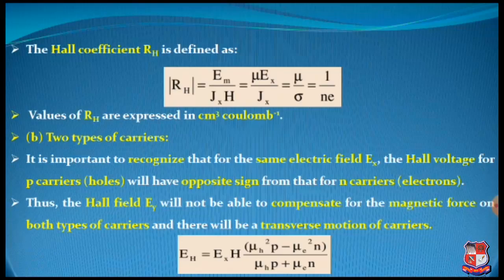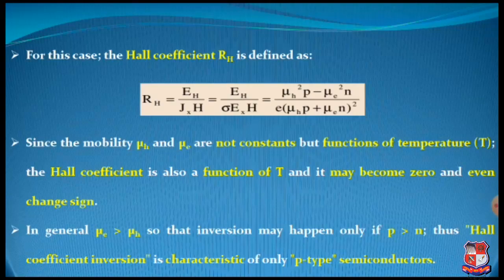That means the hole field, that is electric field, is now given in terms of Eh is equal to Ex into H, mu h square, that is the carrier mobility of holes, into p, minus mu e square, that is the carrier mobility of electrons, into n, divided by mu h p plus mu e n.